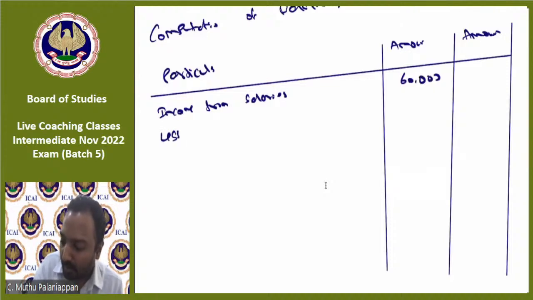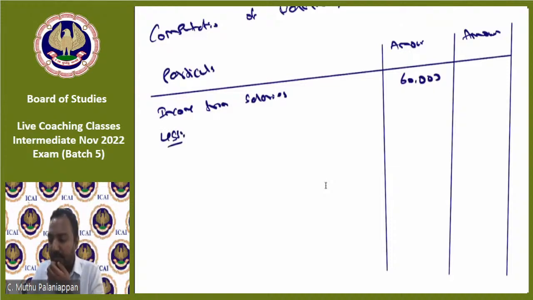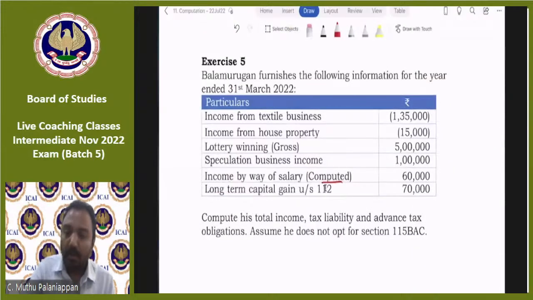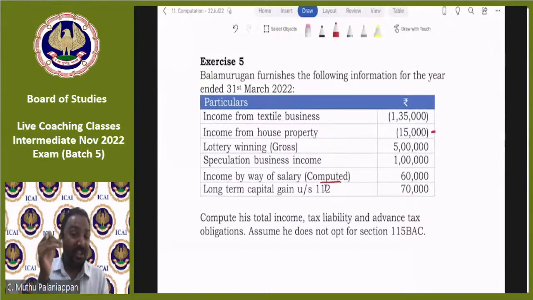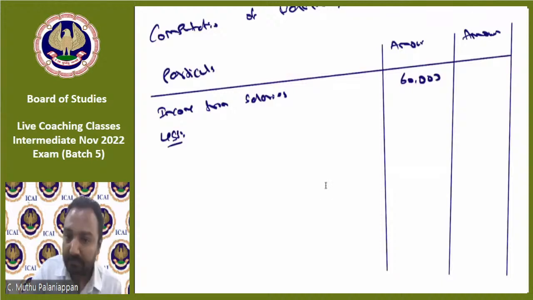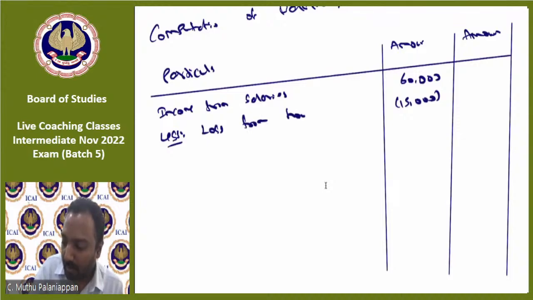Less, we need to see what loss we can adjust. Now there is loss from income from house property. The house property loss can be adjusted to all heads of income, salary, capital gain, everywhere. So house property is the first loss that you can adjust. That is 15,000, loss from house property.